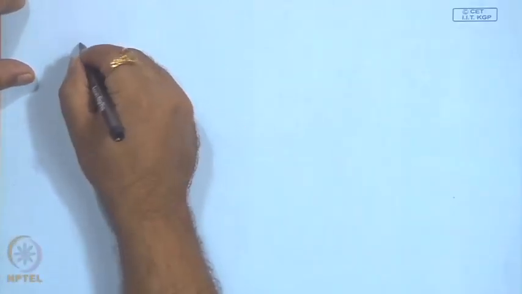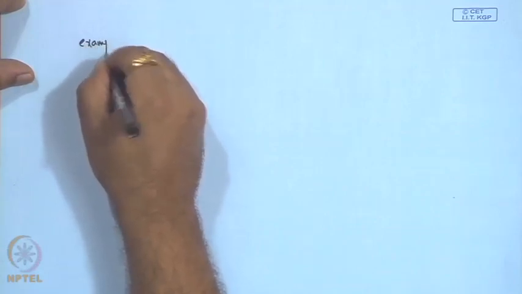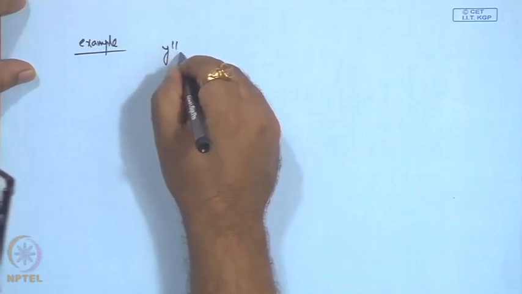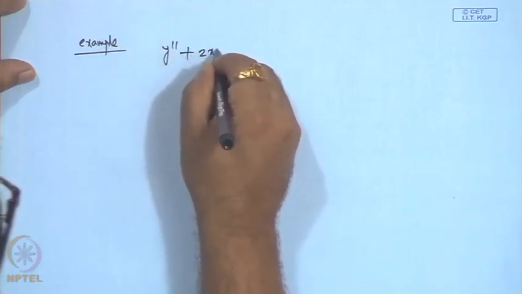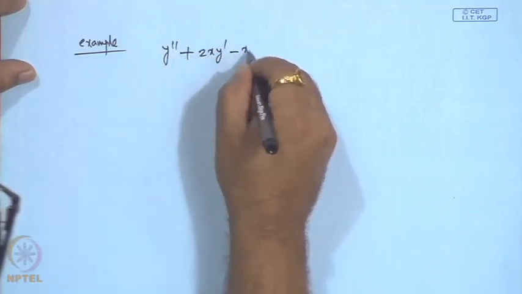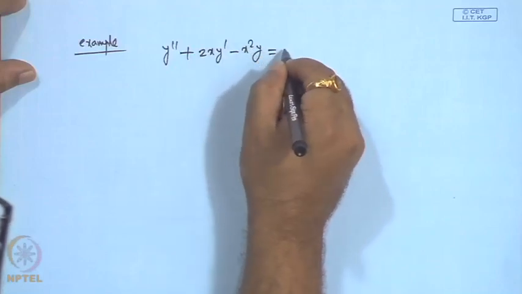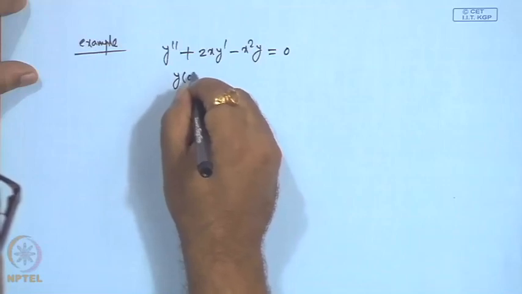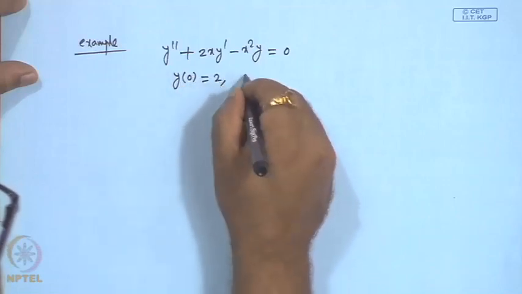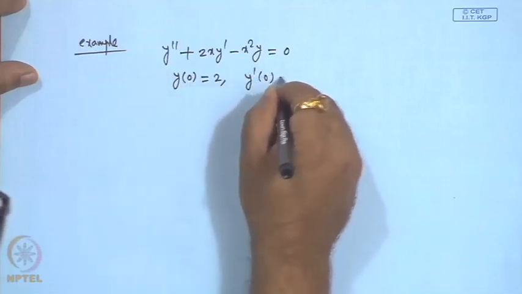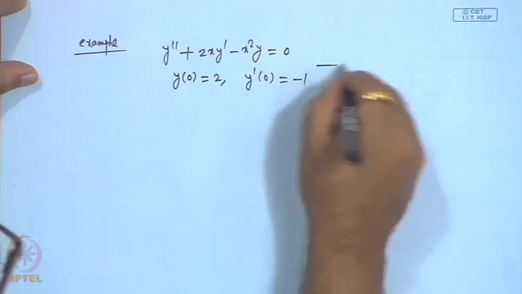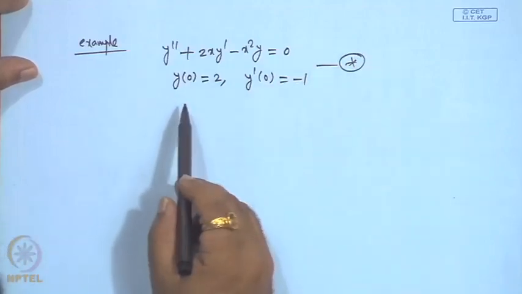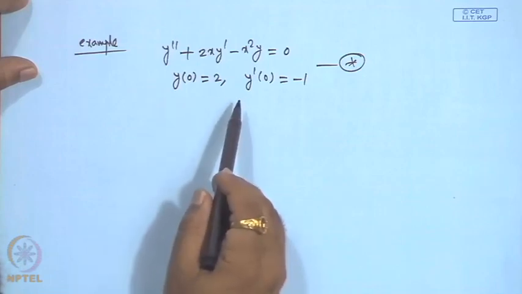Let us consider an example. Suppose the equation is y double dash plus 2 x y dash equals 0, with y of 0 is 2 and y dash of 0 is minus 1. This is our star. Can we reduce this to a coupled system of equations?